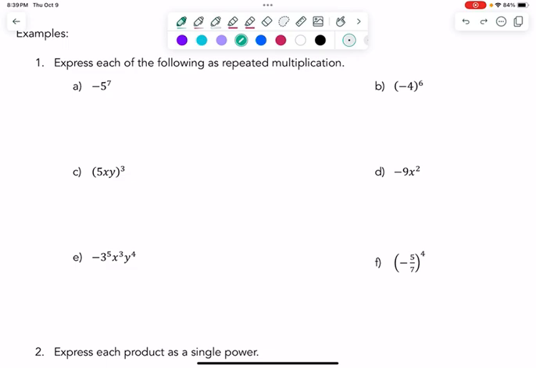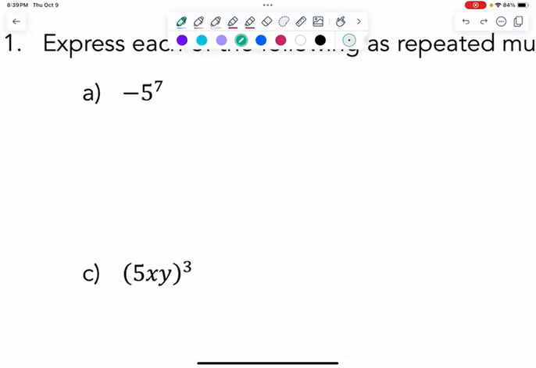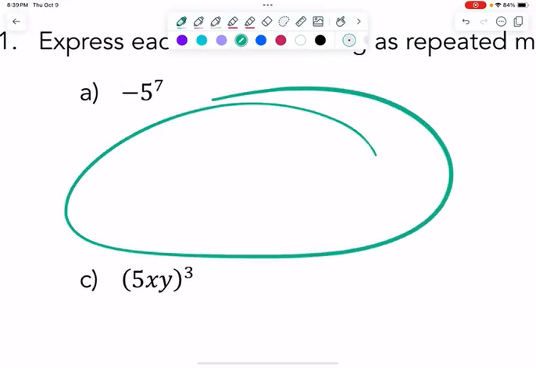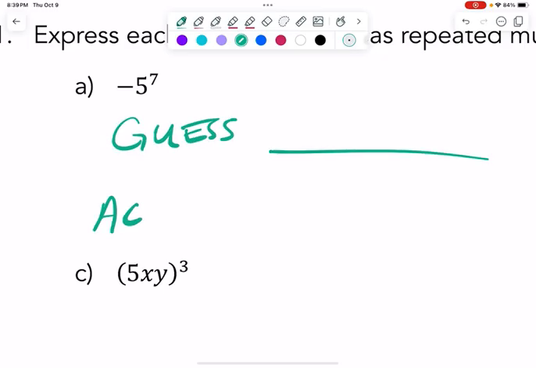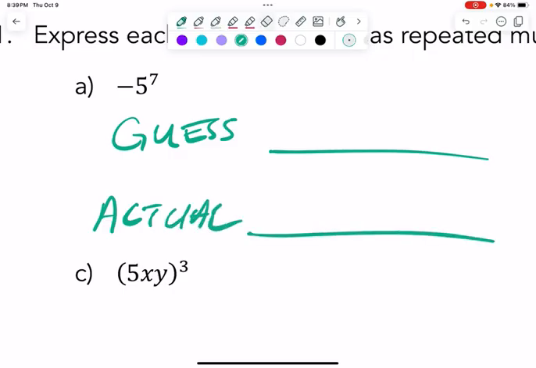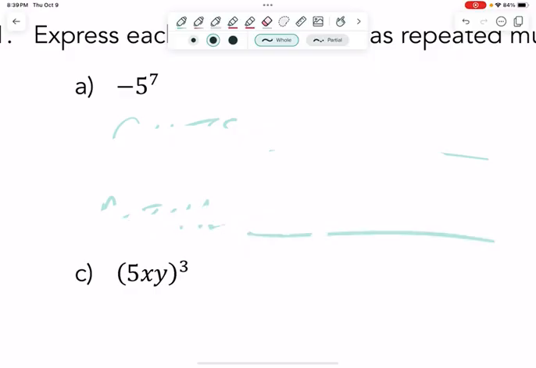You'll try these examples. You'll give them a go. And then once you're done, of course, resume. And I encourage you, because there's lots of space here, if you're really not sure, put a guess somewhere. And then if the actual answer is different, you have room for that as well. But pause the video now and resume in a little bit.